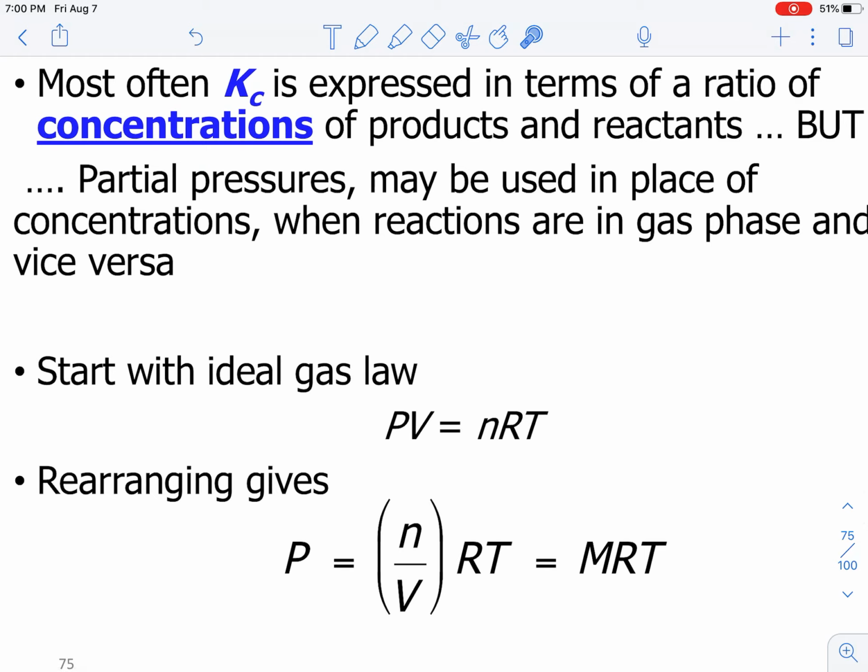So if we start with the ideal gas law, PV equals nRT, we're going to divide V to the other side, and we're going to group the volume with that of moles. And so n over V represents M, capital M, which represents molarity.